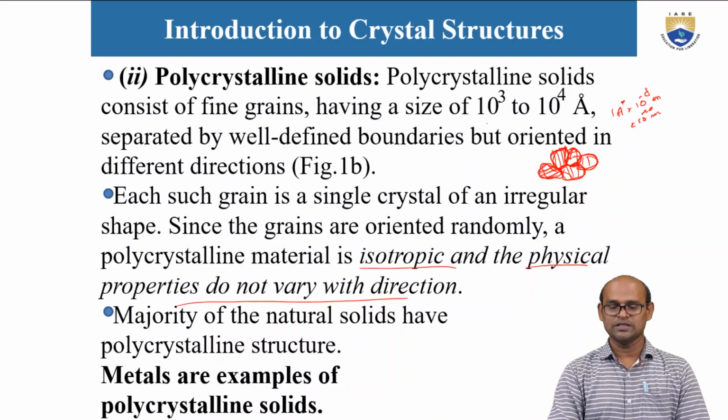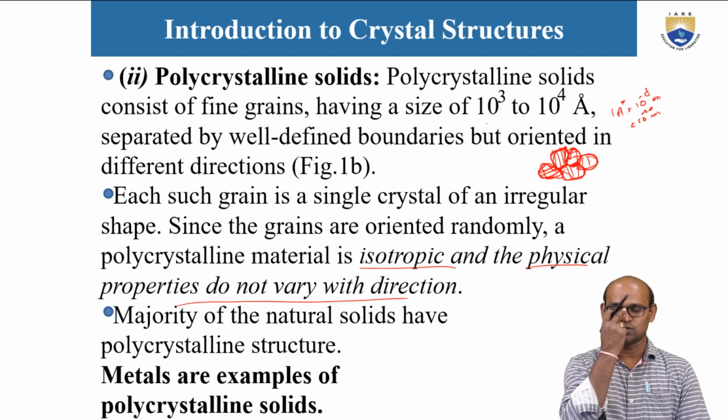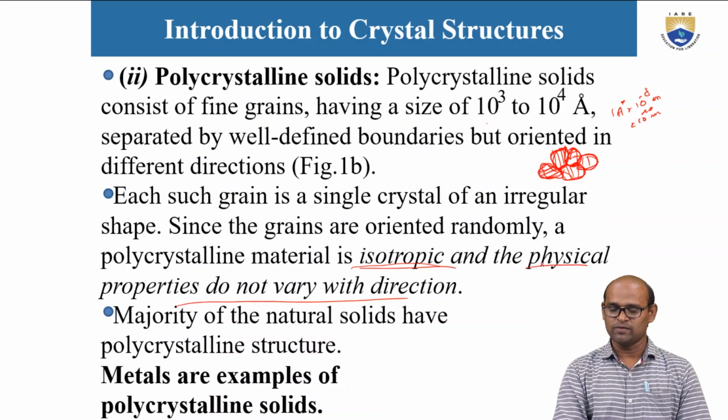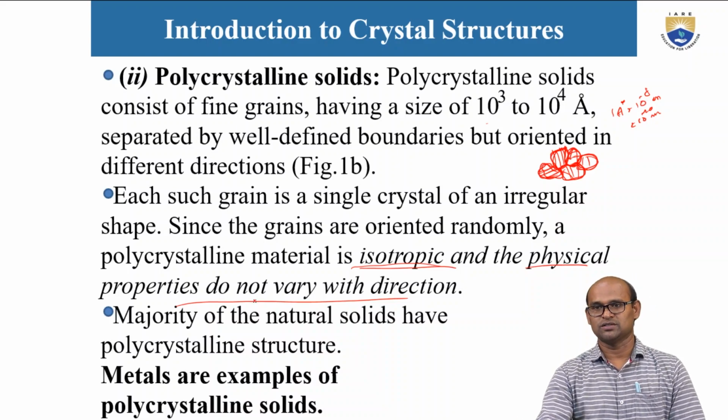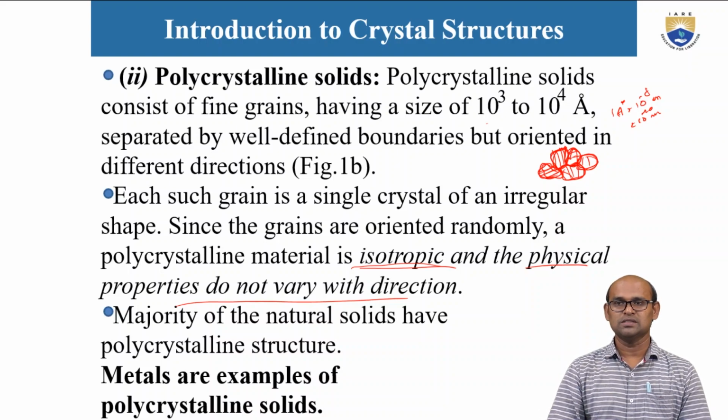Whereas coming to the polycrystalline materials, each grain is oriented in a different direction. So overall, there is a random orientation in polycrystalline materials, and that is why these are called isotropic substances, and the physical properties do not vary with the direction because there is no directional dependence. There is a random orientation of these grains.